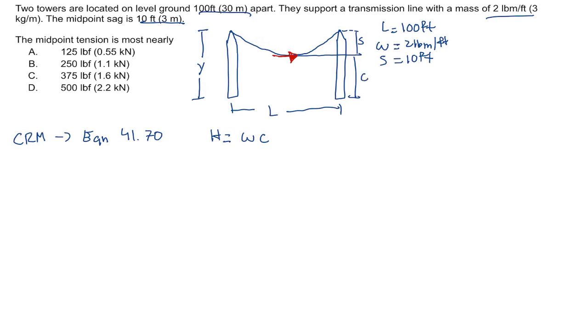That's C. Now, one thing to note is that in this example, I have it basically going down to the ground level, but Y is not a height of any physical location. It's just the height to a reference line. With that being said, C is the only parameter here that we don't know. So we need to find C.